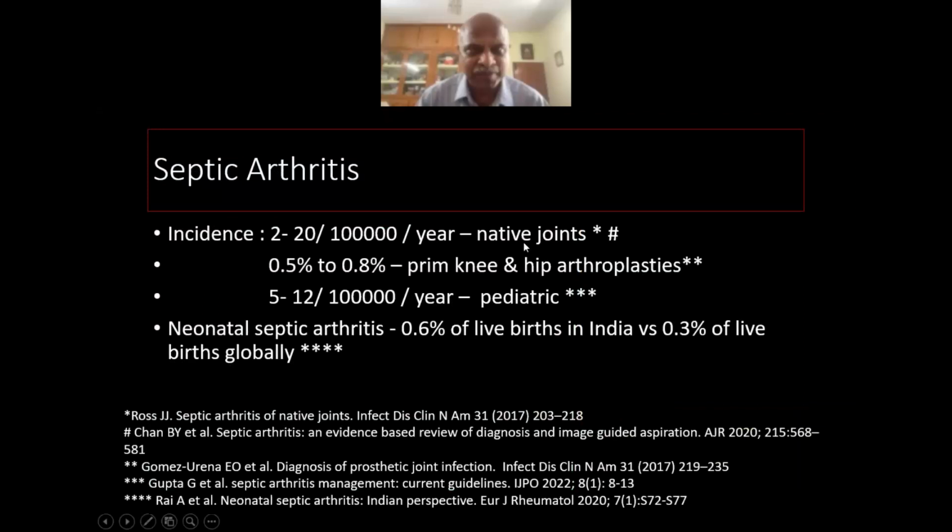The annual incidence for native joints has been reported to be about 2 to 20 per lakh population and 5 to 12 per lakh children. Fortunately, the incidence of infection is less than 1% in primary knee and hip arthroplasties. But when it happens, it's a long course of antibiotics, and often revision surgery is needed.